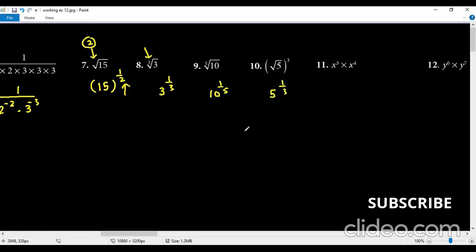Now, what do you think should be the answer for question number 11? Just assume what is going to be the answer. Okay. Now, you should know that I told you before that there is going to be a 2 here.